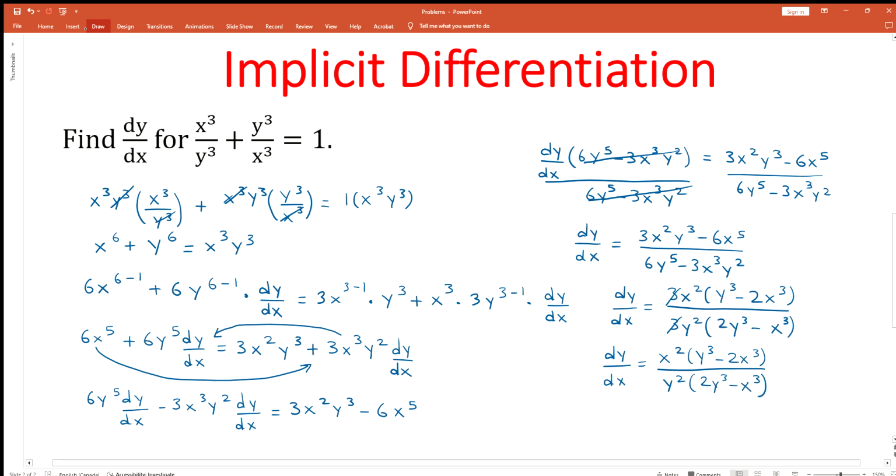This should be the final answer for dy over dx for the given equation.